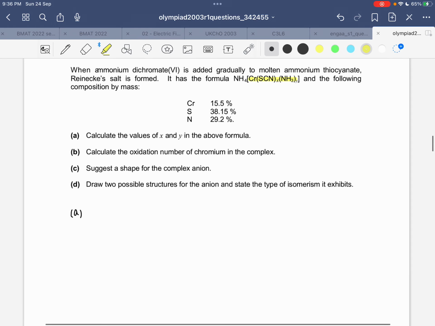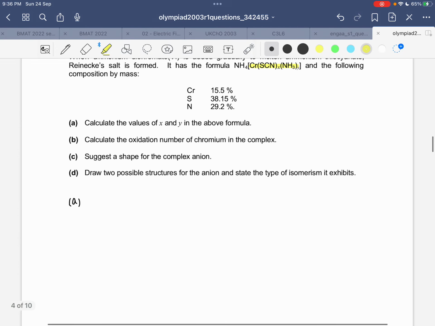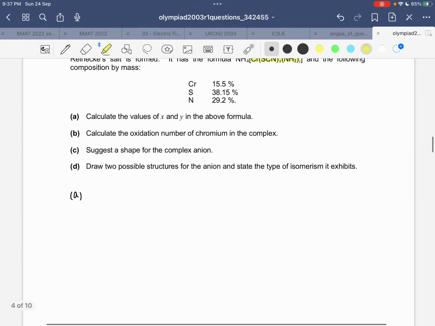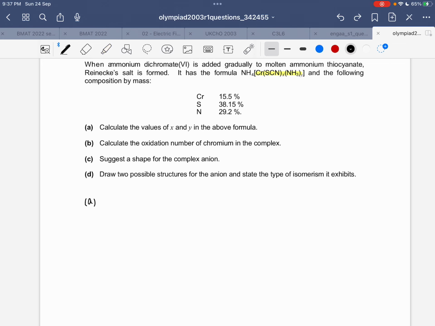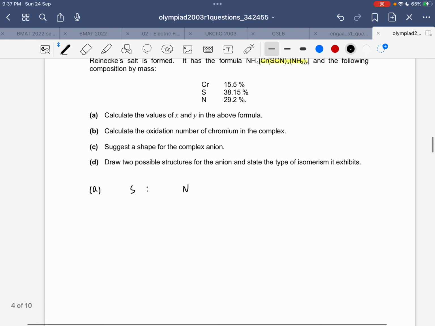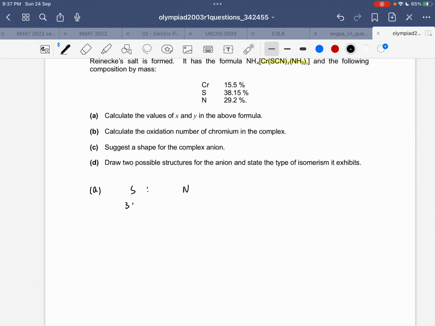So it gave us some composition by mass of the elements, and we can start by finding the mole ratios. A short way would be just to consider the mole ratio of S, sulfur, and nitrogen. So for sulfur I will have 38.15 divided by 32.06.